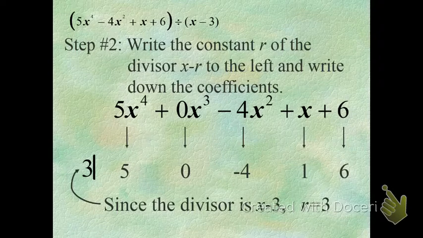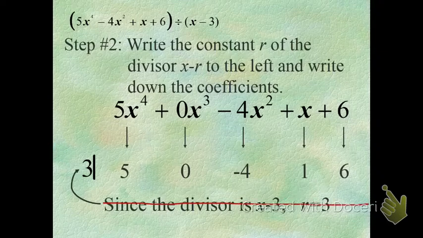Then skip the next line, and then on the line below that, draw another line. So it'll look like this. You've got to leave space because we're going to put numbers right above the line, and numbers right below the line.